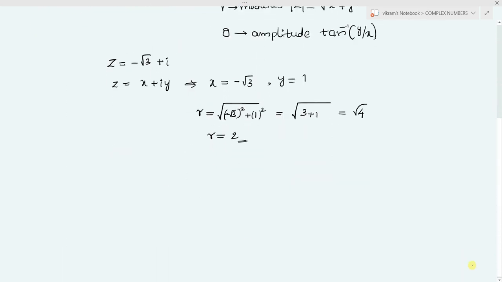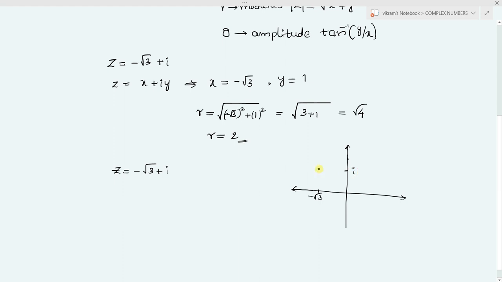Now find the argument. The complex number is z equals minus root 3 plus i. If we consider the Argand diagram, the real part is negative, minus root 3, and the imaginary part is positive.